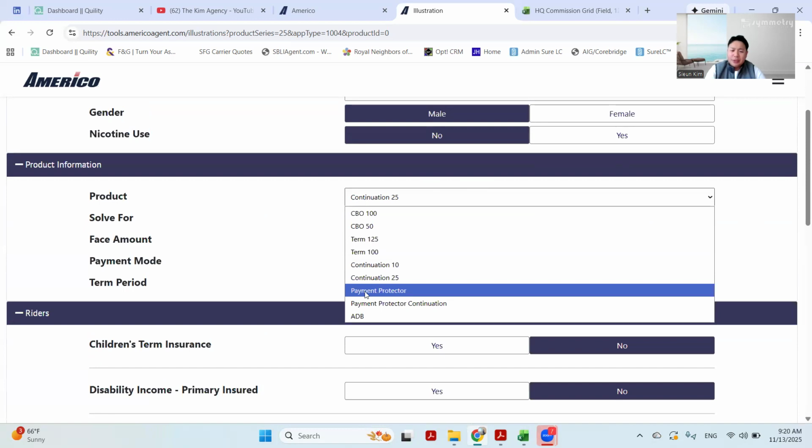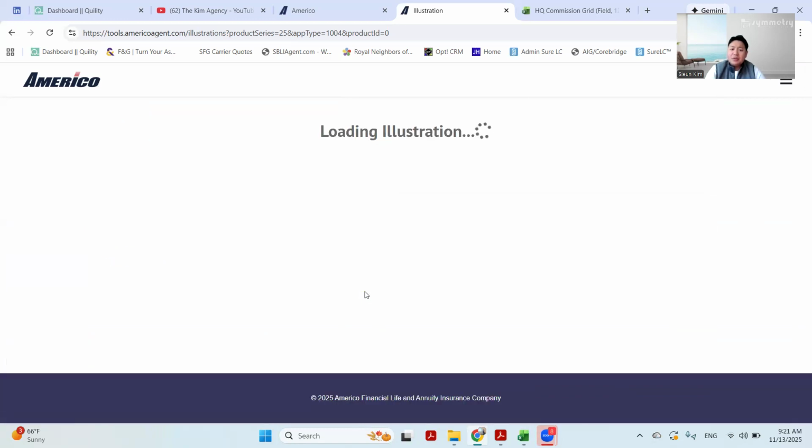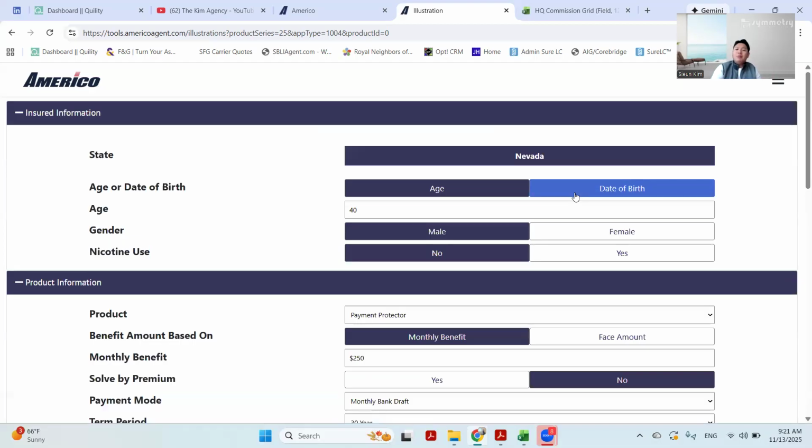And then payment protector, this is a very interesting product because of mortgage protection. A lot of the clients, when you first talk to them and they have no idea about mortgage protection, are going to say, "Oh, I thought the death benefit went down when the mortgage went down, to match the mortgage, right?"